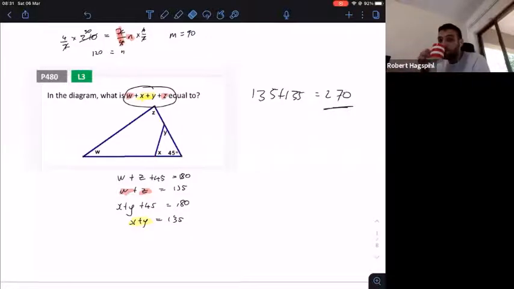Put it in the chat there. Alternatively, if you had assigned random values, it also would have worked. Okay. So there we have that question.